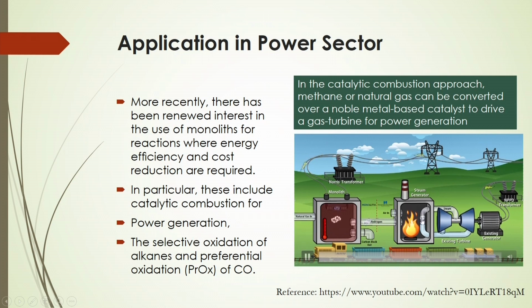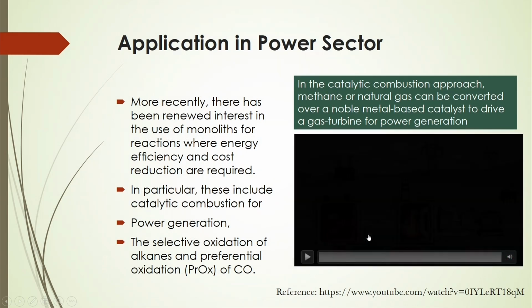So this is the basic process by which power can be generated by the monolithic reactor through catalytic cracking of methane into hydrogen gas. The selective oxidation of alkanes and preferential oxidation of carbon monoxide also happen in this case.